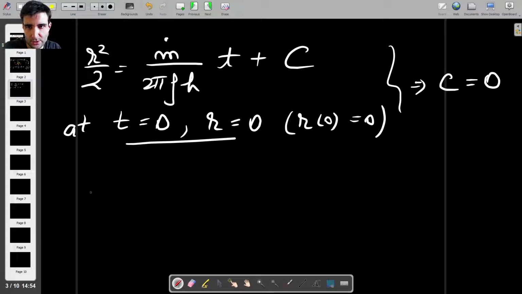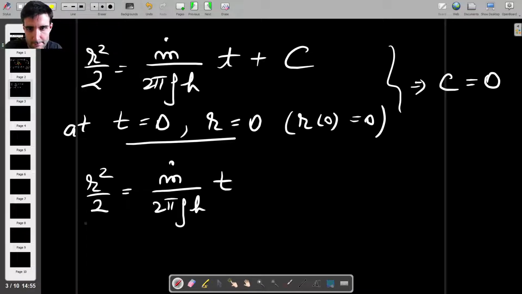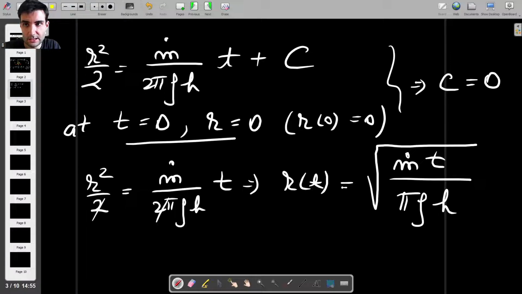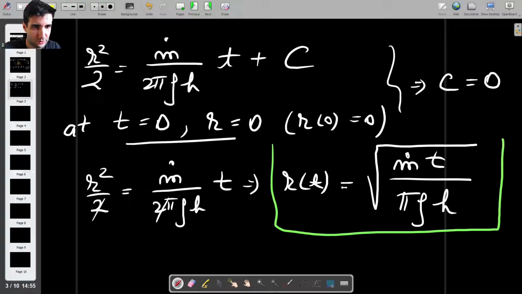Which finally gives us that r squared over 2 is just m dot over 2 pi rho h times t. We can cancel all the 2's, and finally r as a function of time is the square root of the mass flow rate multiplied by time over pi rho h. And this is what the question was asking.